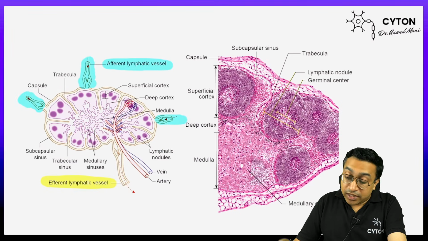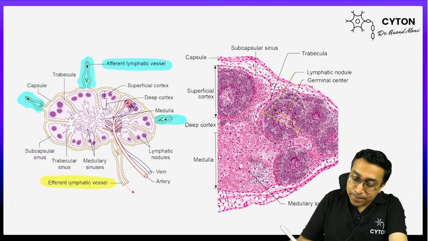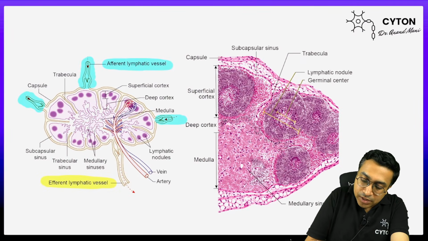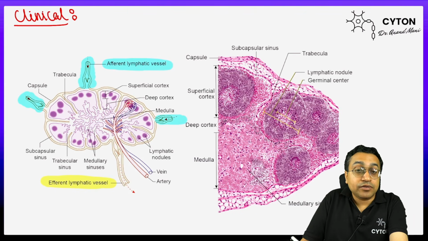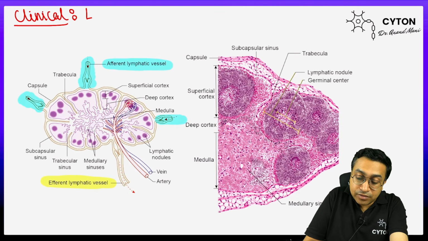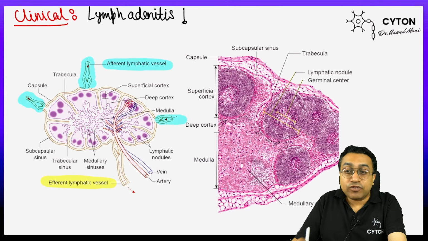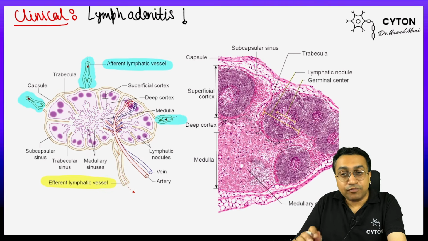Talking about the clinical integration of this area, there is something known as lymphadenitis. Inflammation of the lymph node is known as lymphadenitis.